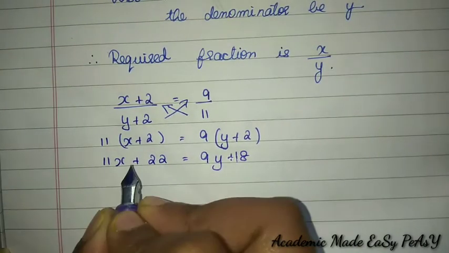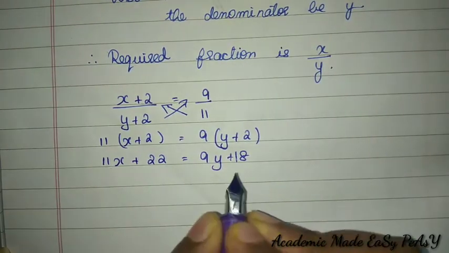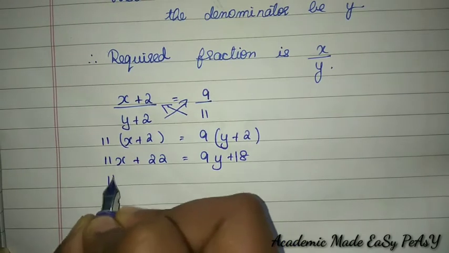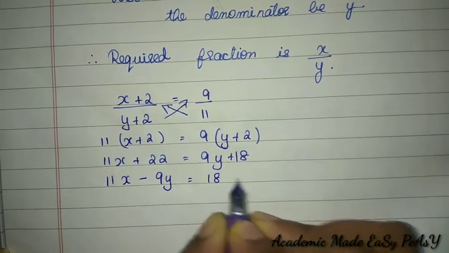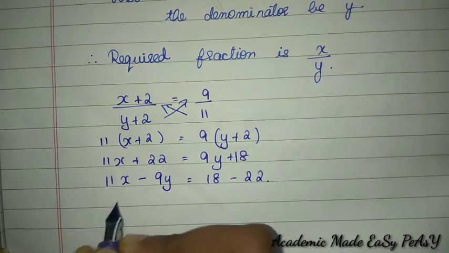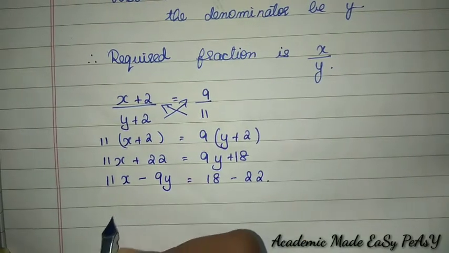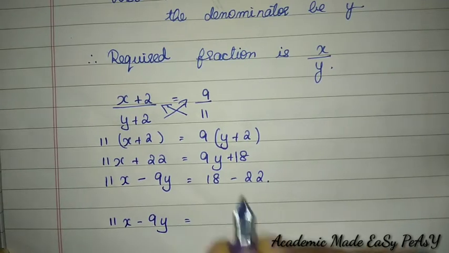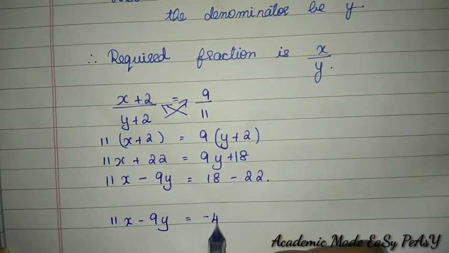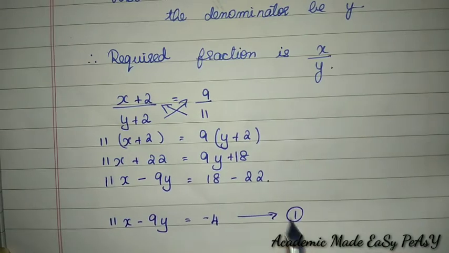Next I will be taking my variables to one side and numbers to one side. So 11x minus 9y is equal to 18 minus 22, so 11x minus 9y is equal to minus 4. So this will be equation 1.